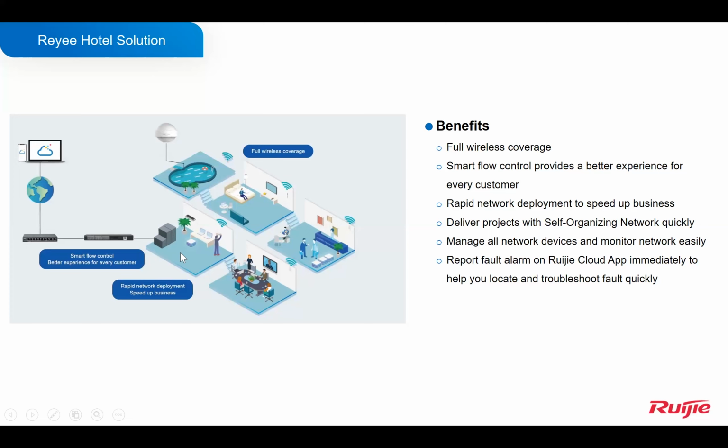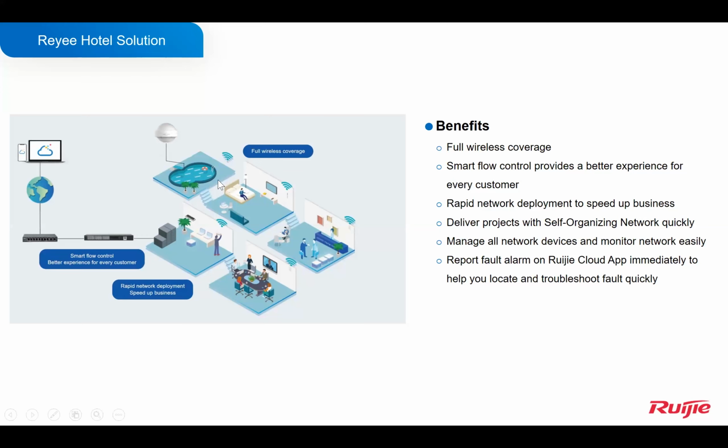We also have to provide network service to the staff because the staff needs the wireless network so that they can work with Wi-Fi, right? So we can provide account or voucher authentication to our staff.